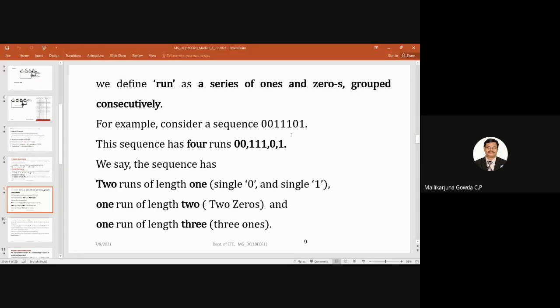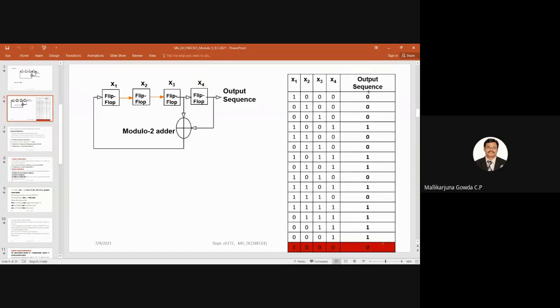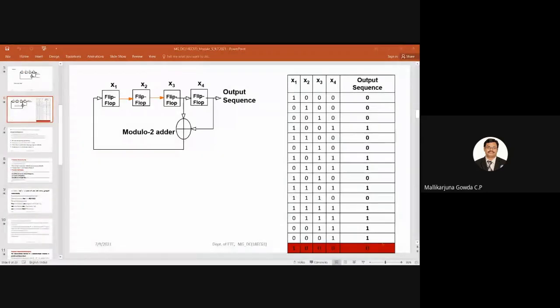In the same way, is it possible to say for this sequence, how many runs are there in this? I expect answers from people. People should come voluntarily and answer this. How many runs are there?